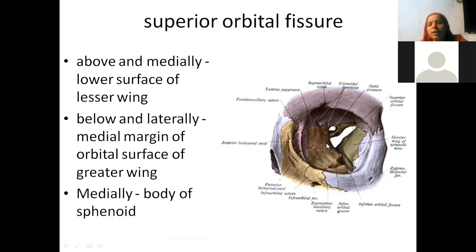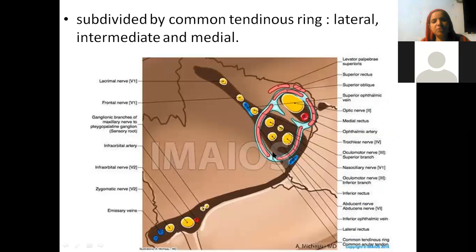It is present between the lesser and greater wing of the sphenoid bone. That is the superior orbital fissure, and these are the structures which pass through it.